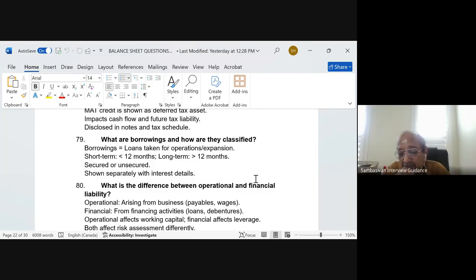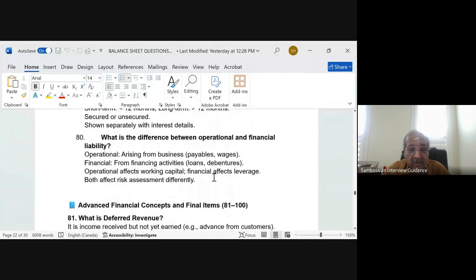In fact, in some books they also say less than 12 months is short term, less than 3 years medium term, above 3 years long term. That is another way of classification also. They ask this in the interviews.